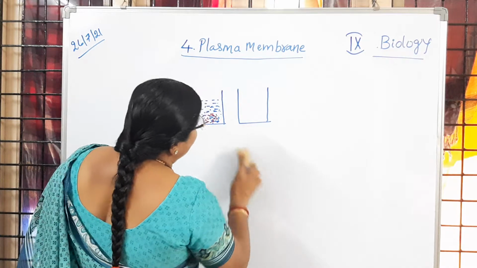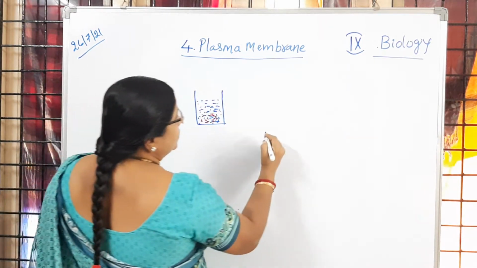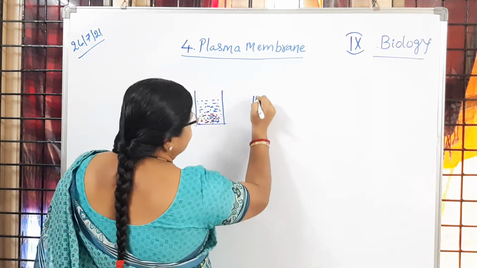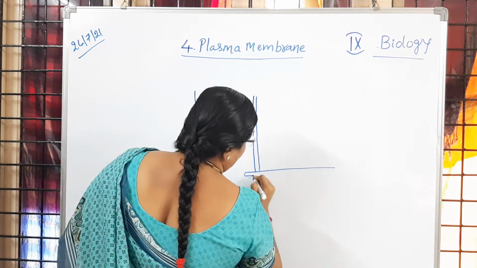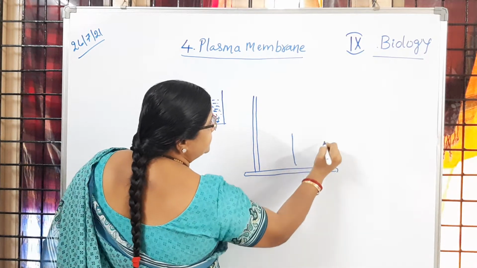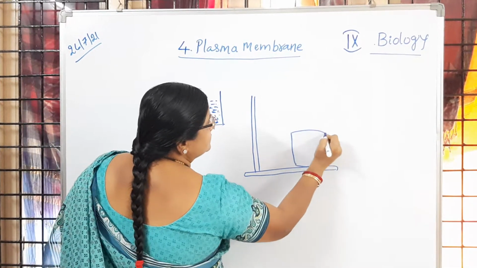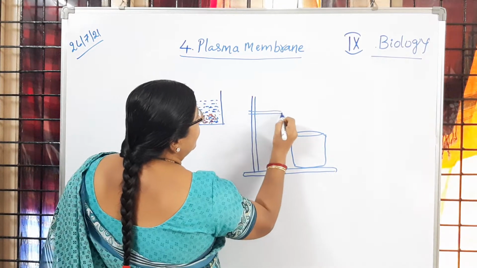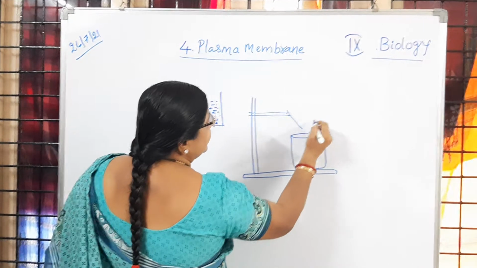Now what we have to do? We have to arrange the setup. We have to take a tray stand. One beaker we have to keep on the stand, and to this stand we are going to arrange a funnel.